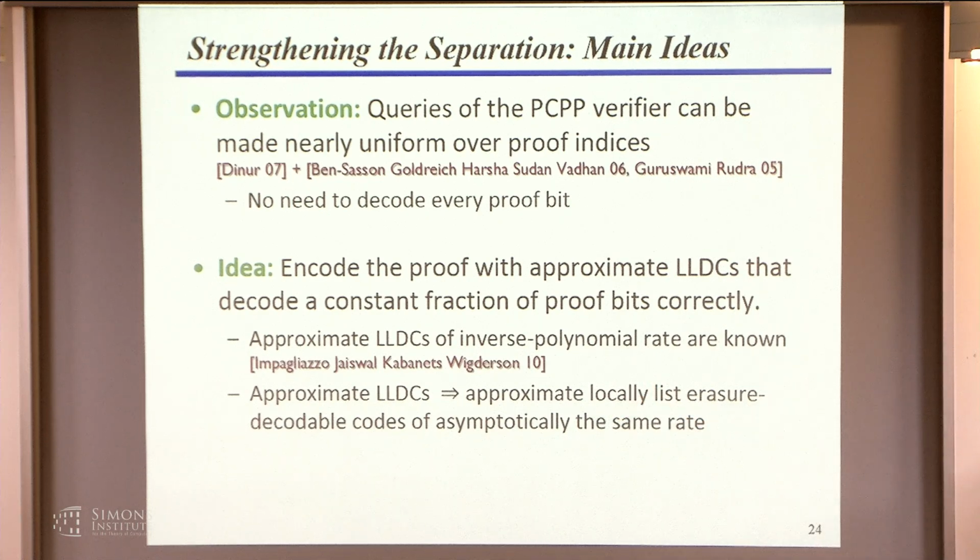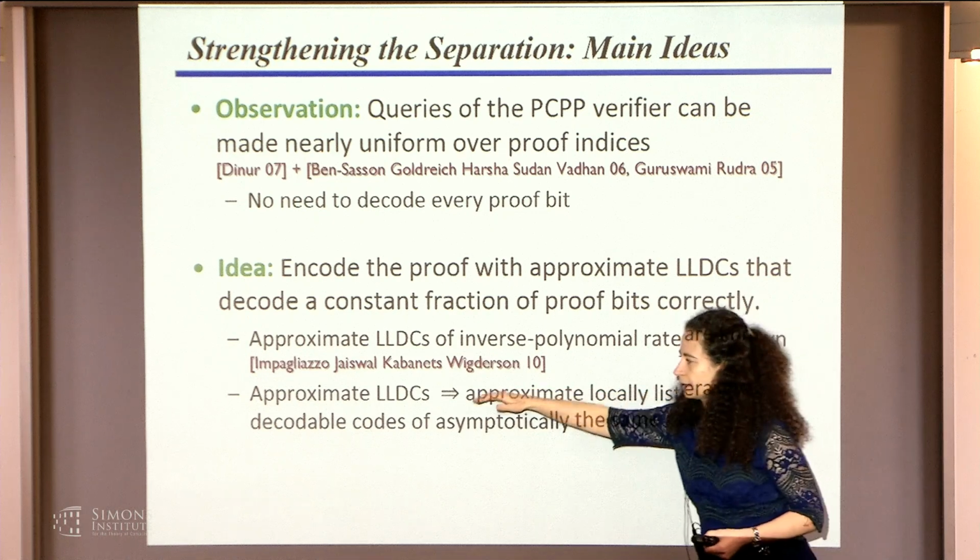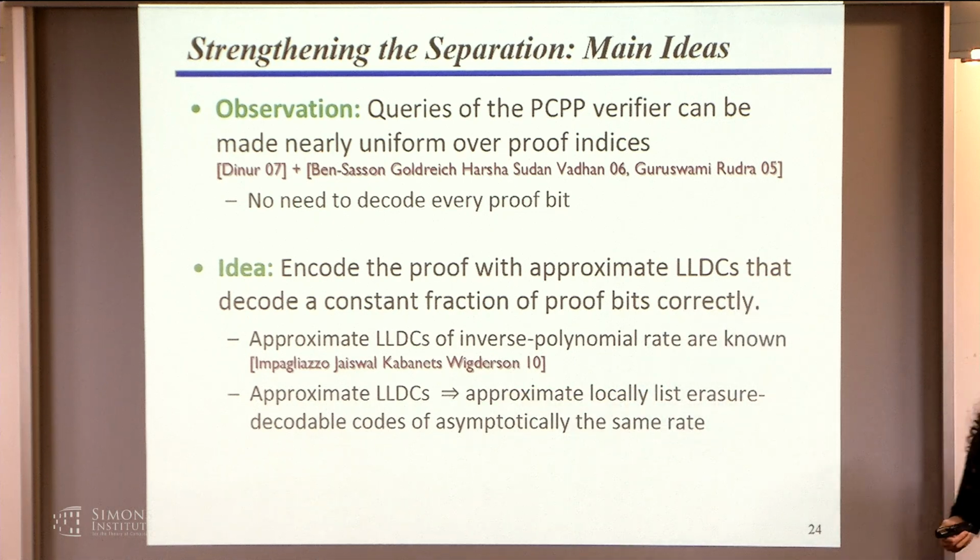Why is this? If you have erasures, you can fill them with uniformly random bits, and then in expectation you're going to get half of them correct, and then you can use the approximate locally decodable code.